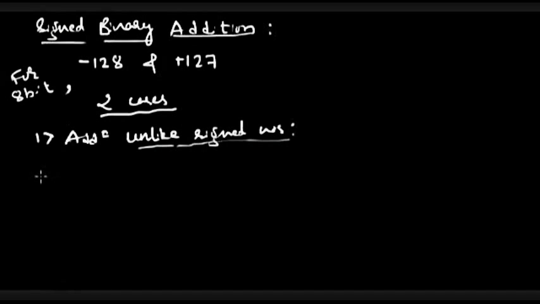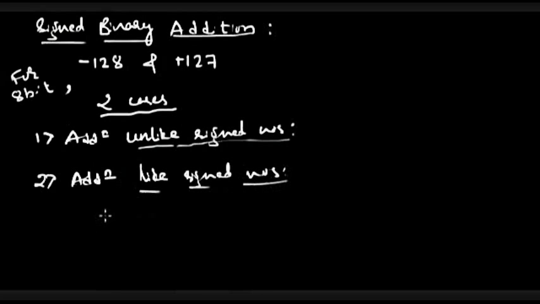And the second one is addition of like signed numbers. When I say addition of like signed numbers, the numbers can be both positive or the numbers can be both negative. We will consider different examples and we will see what happens.